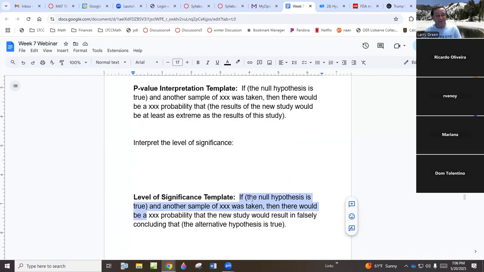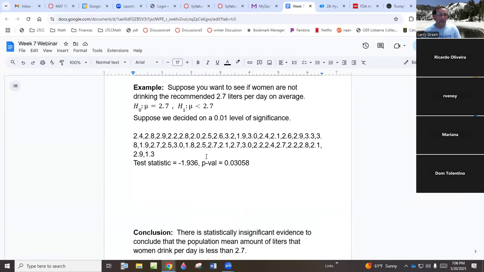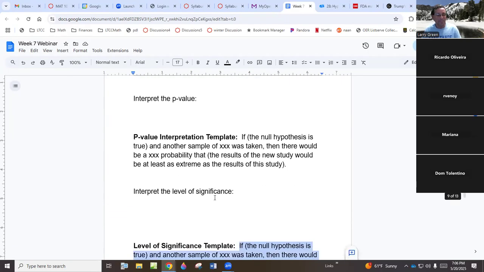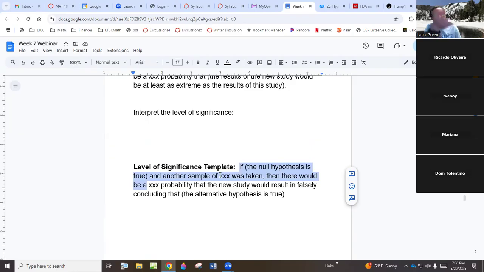So in this case, if the population mean amount of water that women drink is equal to 2.7 liters, and another sample, however many we took, was taken, then there would be a, and our level of significance was 0.01, or a 1% probability, that the new study would result in falsely concluding that the alternative hypothesis is true, that the population mean amount of water that women drink is less than 2.7 liters per day. Any questions on getting these templates and understanding them?